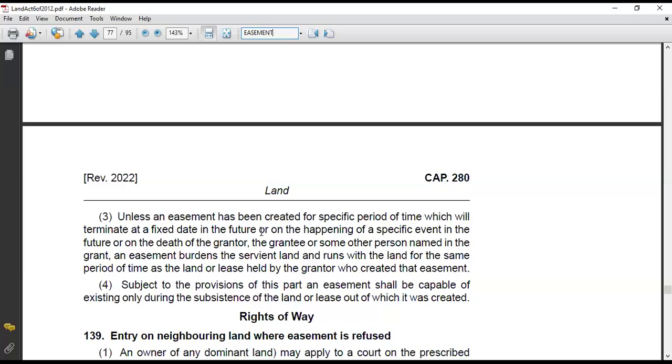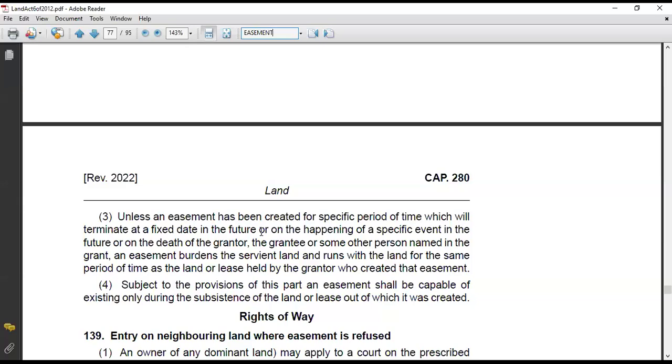What are these specific events in future? It's not defined. It could be anything, for example if another access is provided so that Ian is no longer landlocked, then he may not need that easement across the servient land, if perhaps an area is opened up.